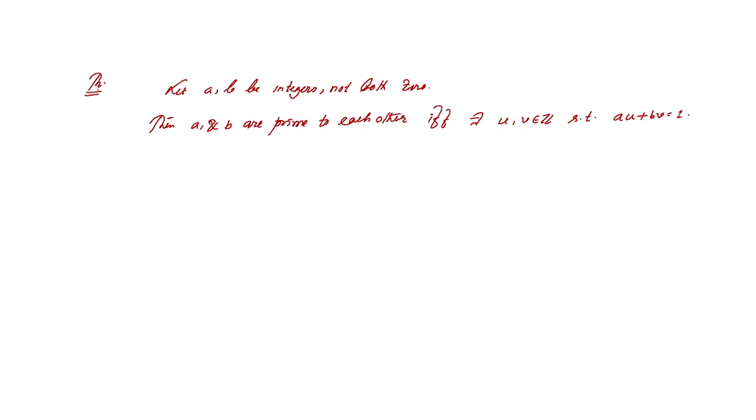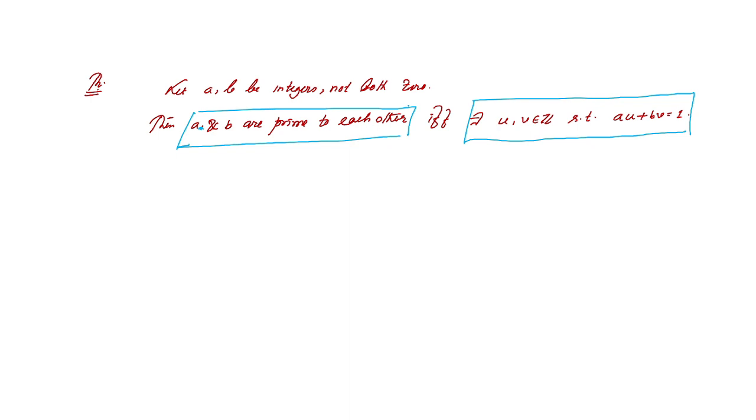So what is exactly given? We need to prove both sides. First we consider that A and B are prime to each other. From that case we will prove there exist integers u and v such that AU plus BV equals 1, that side, and then we will prove the converse part. Okay, so first we assume that.